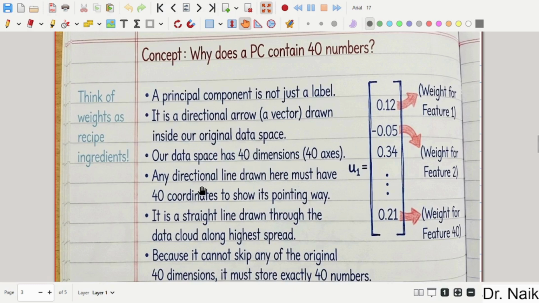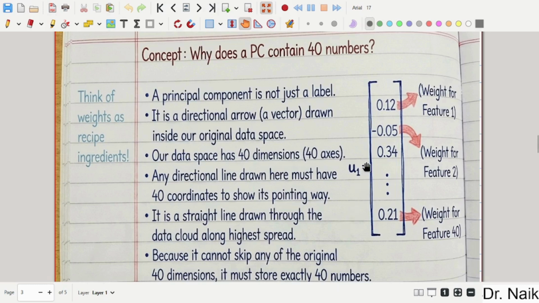So any directional line drawn here must have 40 coordinates to show which way it is pointing. It is a straight line drawn through the data cloud along the highest spread. Because it cannot skip any of the original 40 dimensions, it must store exactly 40 numbers.